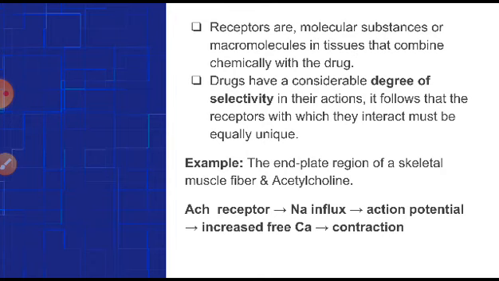Sodium influx gives the depolarization that will help to generate the action potential, and this action potential will increase the free calcium level, and ultimately you will get the effect of contraction. So like that, a drug binds with its receptor, and by a chain of sequence it will give you the final effect.